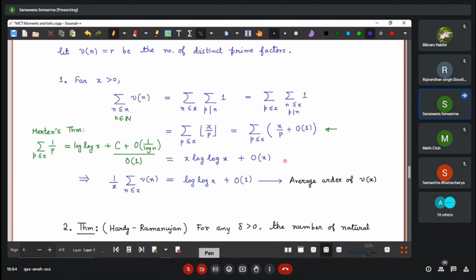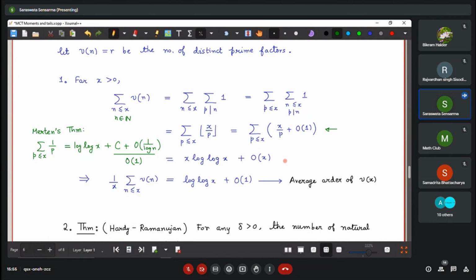For arithmetic functions, this is how one talks about the average, because they jump up and down too much. If you take something like the totient function, for primes it's very large, it's p minus 1, but for very highly composite numbers it's much smaller, right? So you can't really expect to get a good estimate unless you average things out. This is the way you average out arithmetic functions.